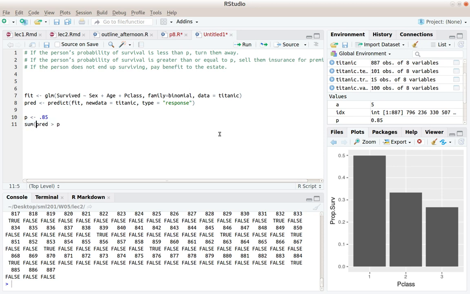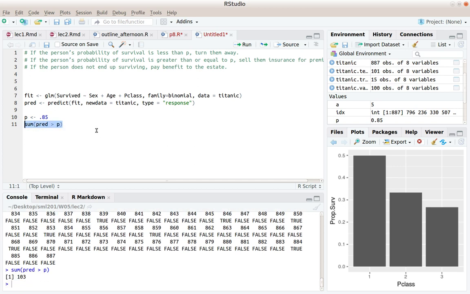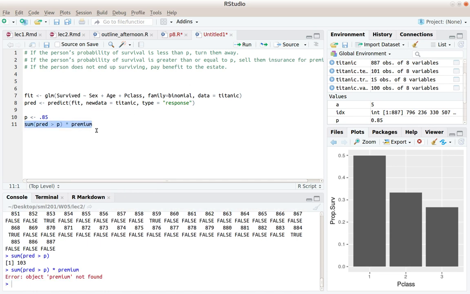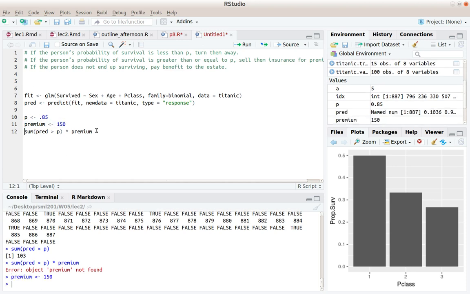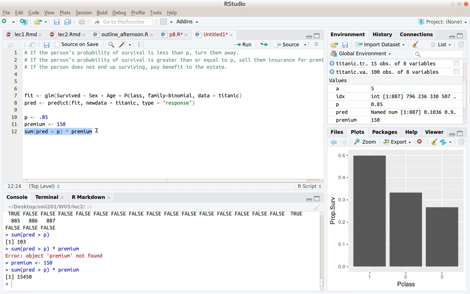If we sum that up, what we'll get is just the number of trues, because falses contribute 0 to the sum and trues contribute 1. So how many people? 103. Each one of them is paying premium, so that would be this many times premium. Premium also needs to be defined. Let's say that the premium is $150 for now. So this is how much we're taking in.